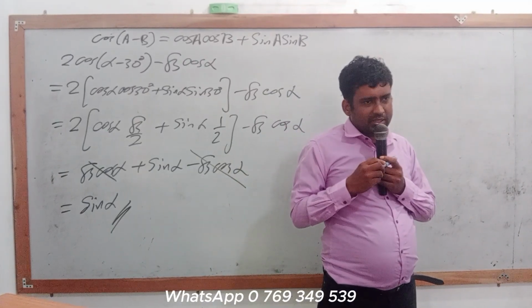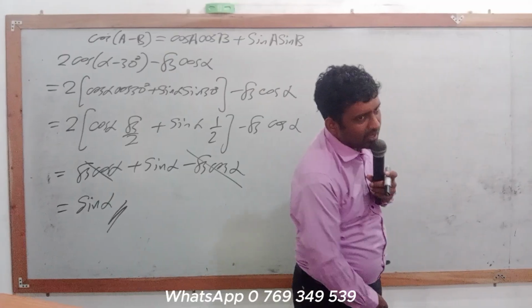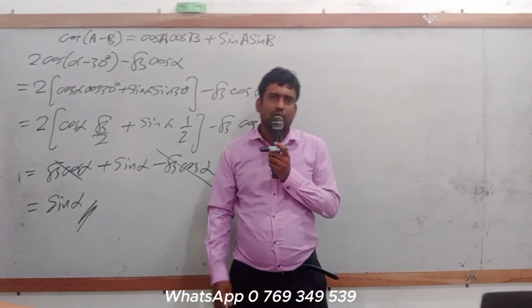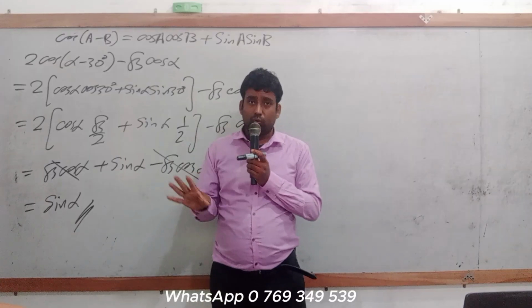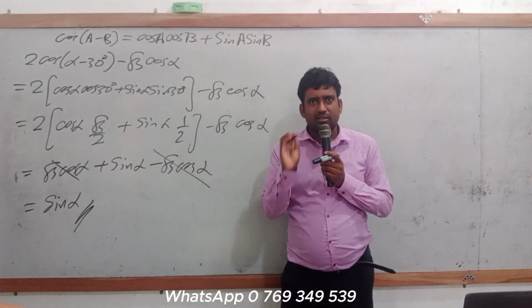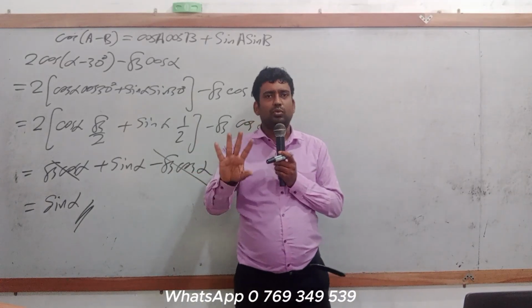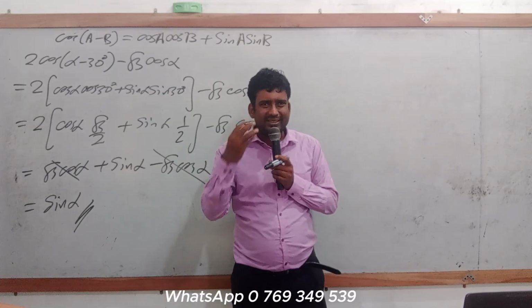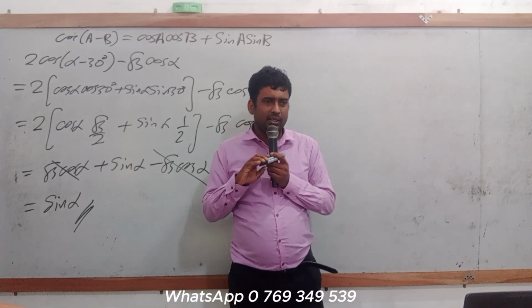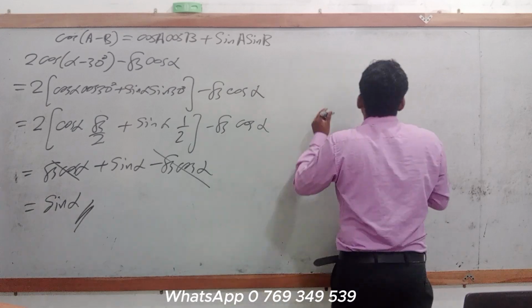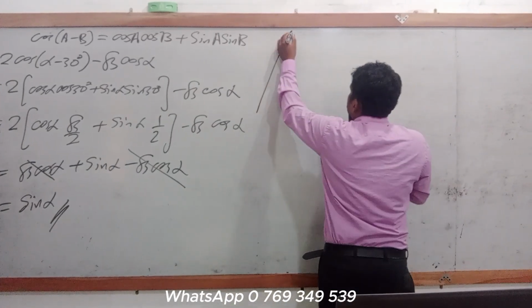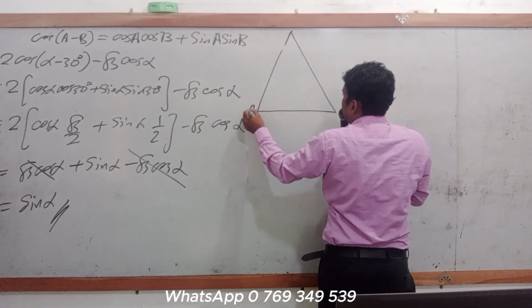In the usual notation, state the sine rule for the triangle ABC. State the sine rule, not prove. You can just say it. Here, this is the triangle ABC.